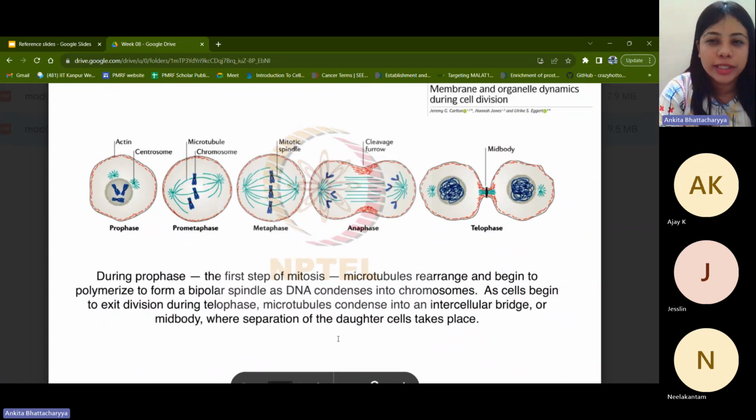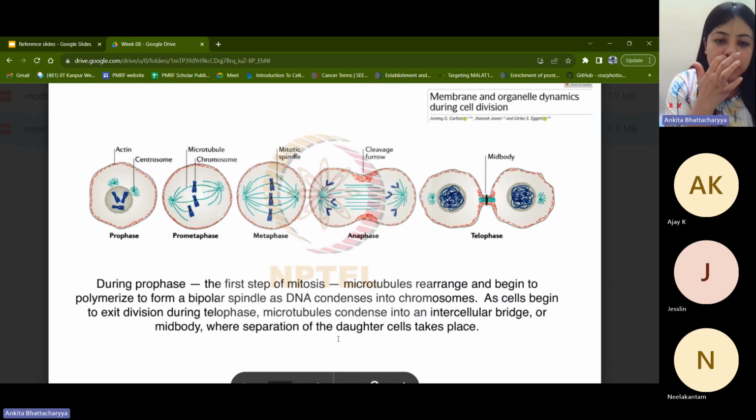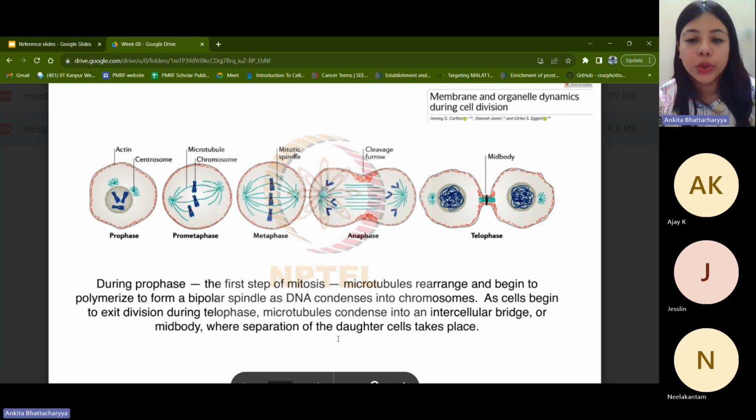And this we have already looked at, that during prophase, which is the first step of mitosis, the microtubules will rearrange and they'll begin to polymerize to form a bipolar spindle as DNA is condensing into chromosomes.